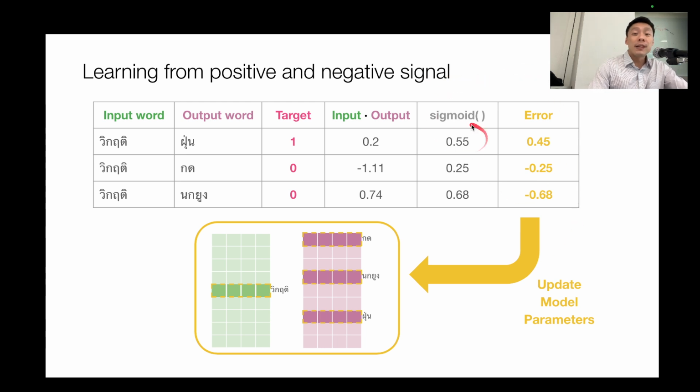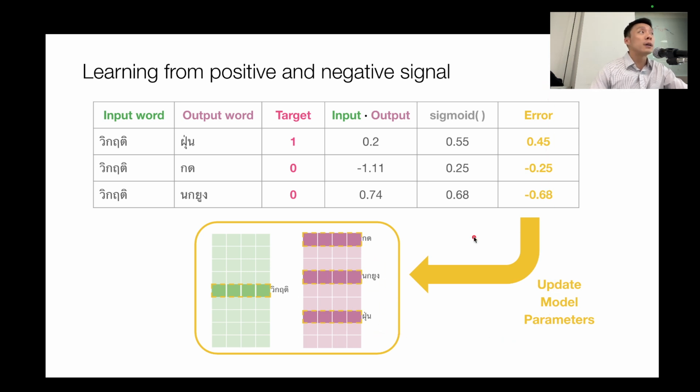We want this to be 1 because your target is 1, and we want this to be 0 because your target is 0, because these don't co-occur. Then you have the error. Once you have the error, you update all the parameters that you use to compute these probabilities. What do we use? We use the green version of Wicked, and the purple version of your positive sample and the negative samples, which are these three words.